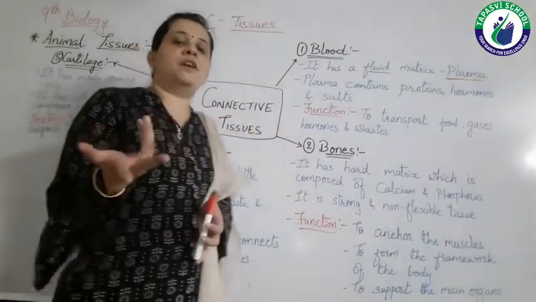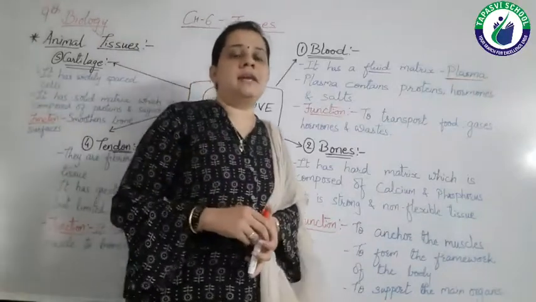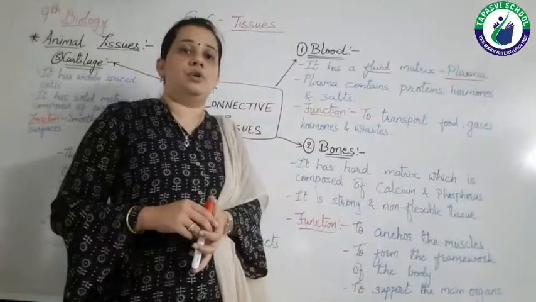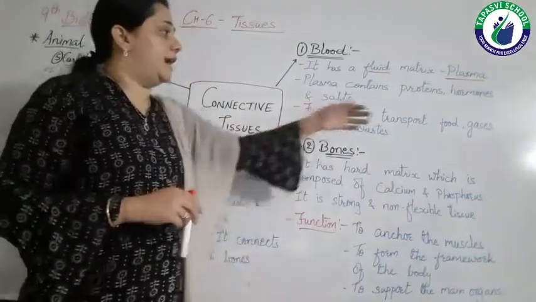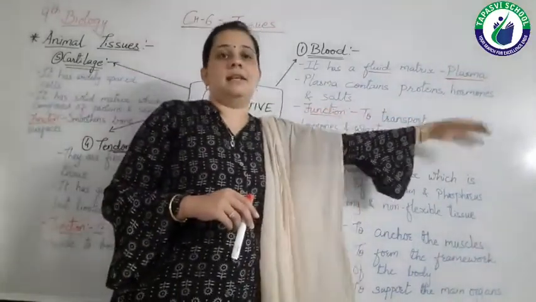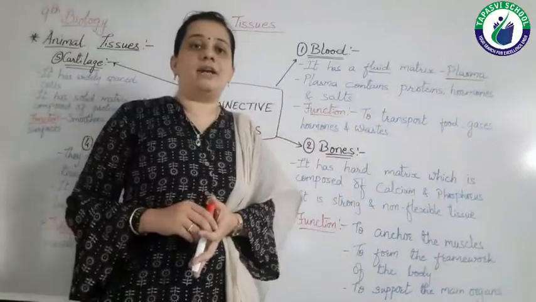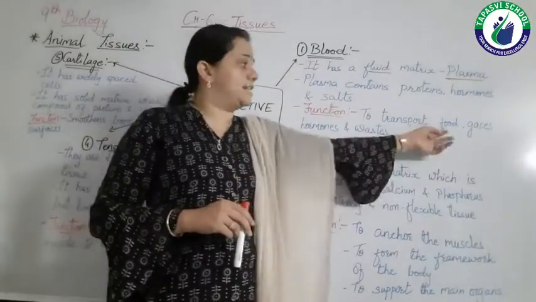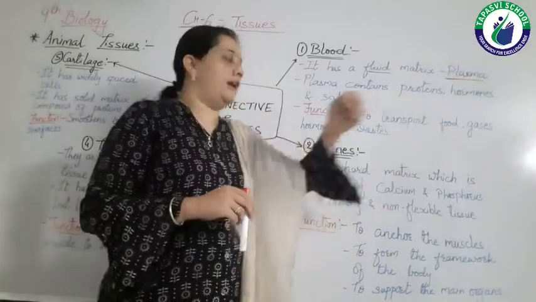Now, what is the function of blood? Yes, as we know, the blood flows in our body. It transports various gases like carbon dioxide, oxygen, etc. It also transports the digested food, right?